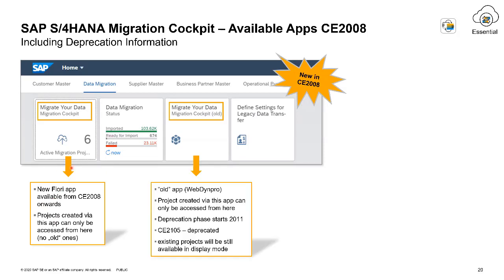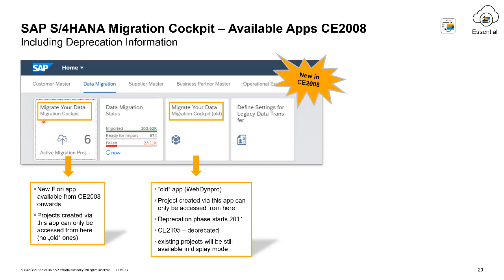And if you have already started with your migration project, then you have to enter it in the old migration object, because if you created your migration projects in the old application, then you will only see them there and not here.